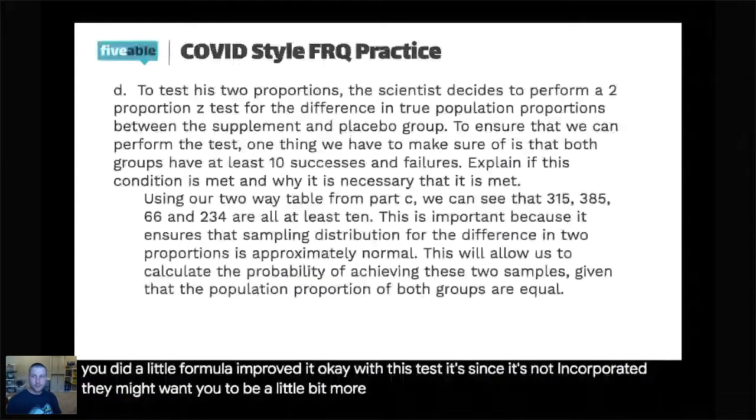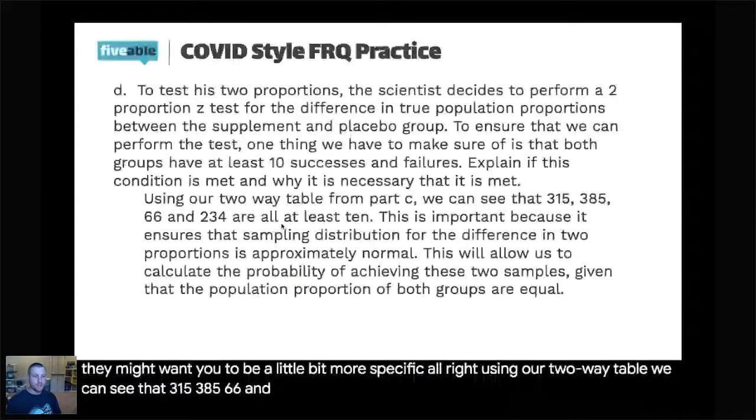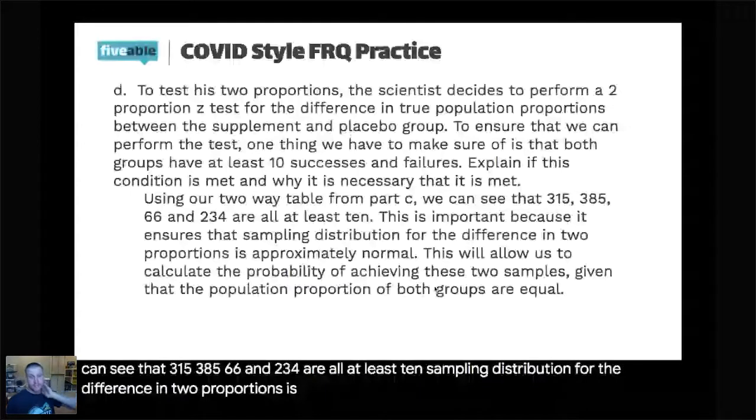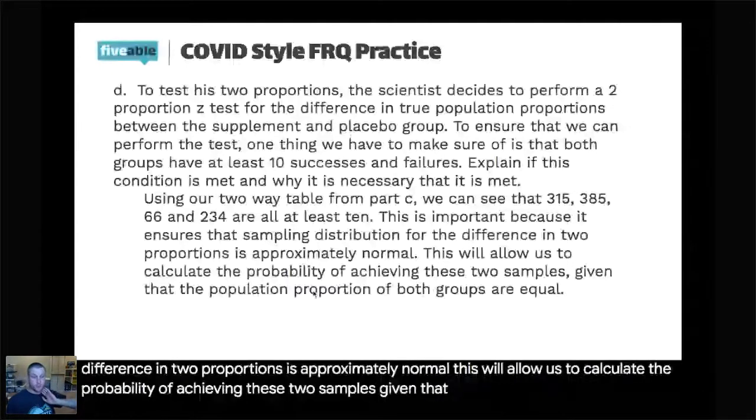Using our two-way table, we can see that 315, 385, 66, and 234 are all at least 10. This is important because it ensures that the sampling distribution for the difference in two proportions is approximately normal. This will allow us to calculate the probability of achieving these two samples, given that the population proportion of both groups are equal. So it's allowing us to do that p-value.